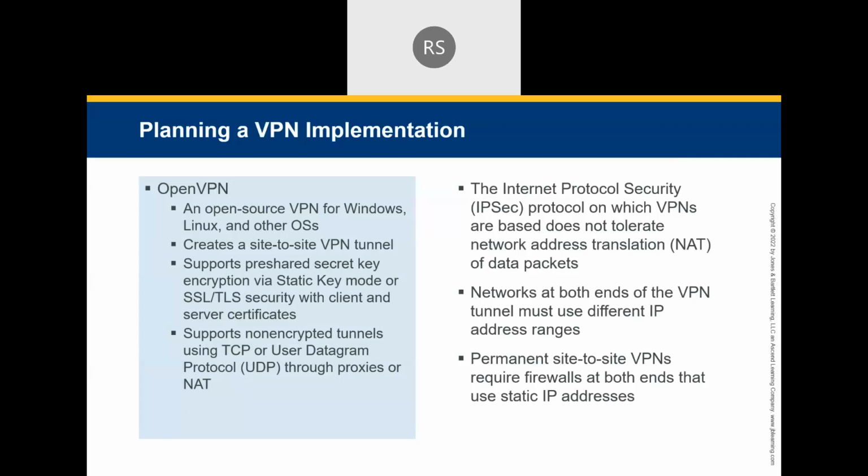As I said, networks on both ends of the VPN tunnel must use different IP addresses. And permanent site-to-site VPNs require firewalls at both ends that use static IP addresses. This ensures stable and reliable connectivity between those two network locations.